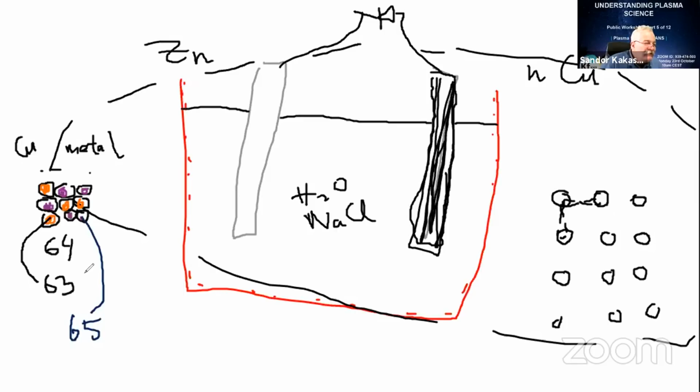Usually we have about 69% to 71% of isotope 63, and the remaining 29% is isotope 65. What you see in the periodic table as 64 is just an average number. So in your copper plate, there is no isotope 64. It's a mixture of isotope 63 and 65.